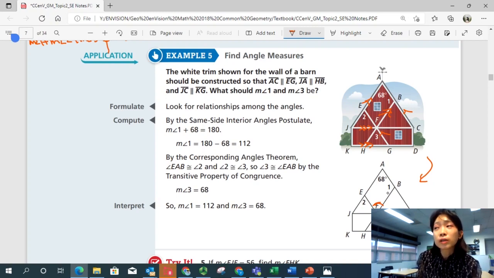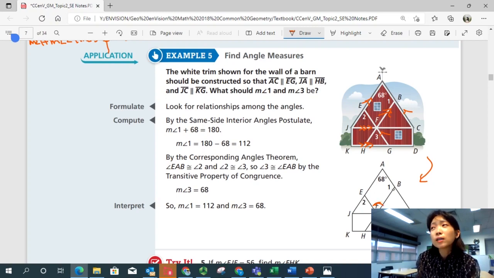So what's the relationship of same side interior angles? They are supplementary. So 2 is congruent to this F. F is supplementary to 1. So 1 is also supplementary to 2 as well, because these two angles are congruent. Does that make sense?